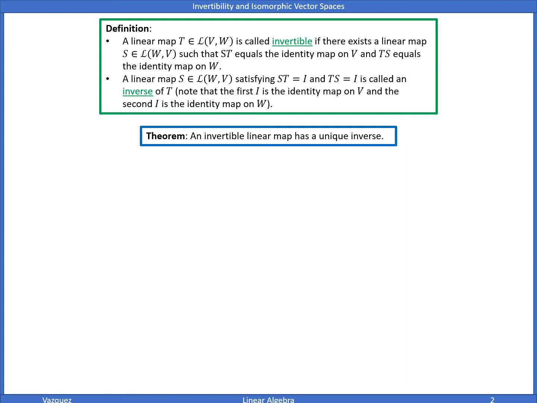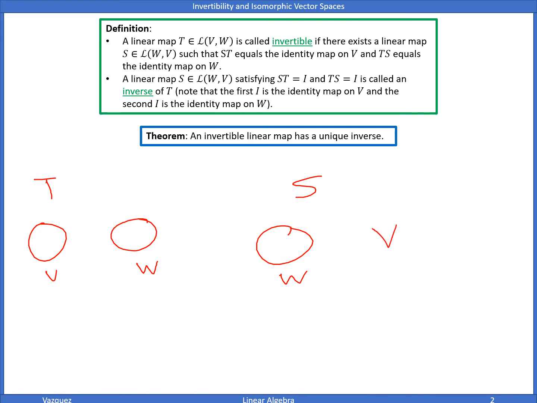But before I do move on, just to say a bit about the definition. So T, let's say, maps V to W, and S maps W to V.